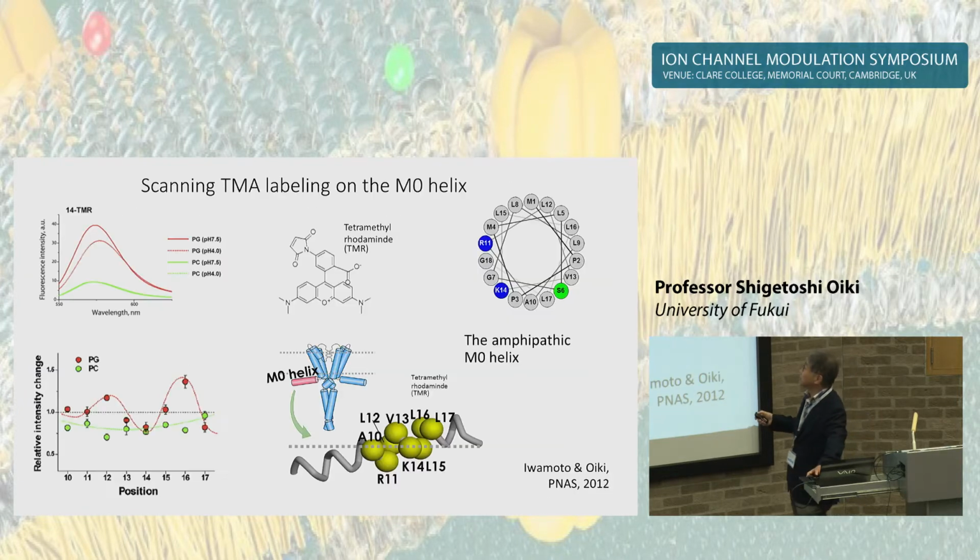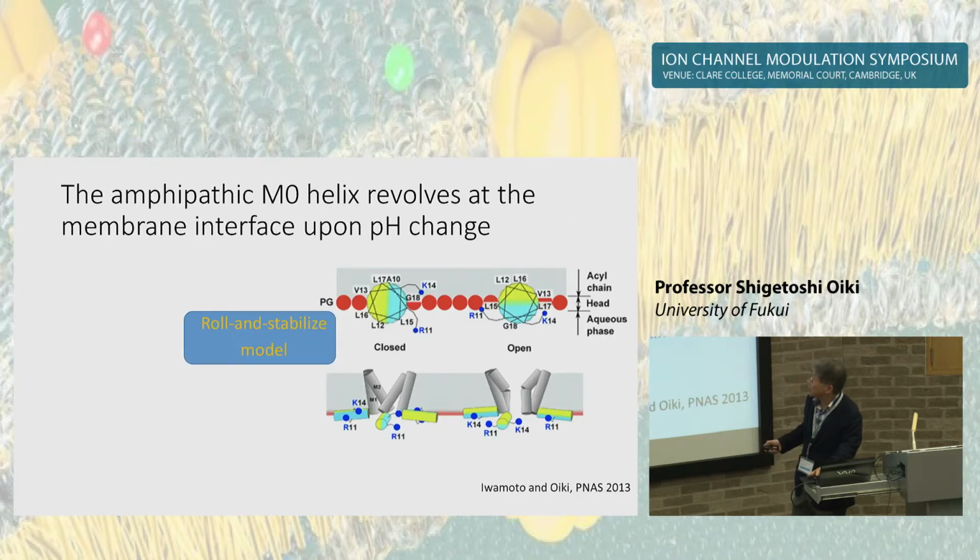So from this result, we skip the detailed discussion, but we proposed a roll and stabilize model. This M0 helix is stabilized with the negatively charged head groups by positively charged R11 and K14 in an open conformation, but it revolves around the axis of the helix in a closed conformation.